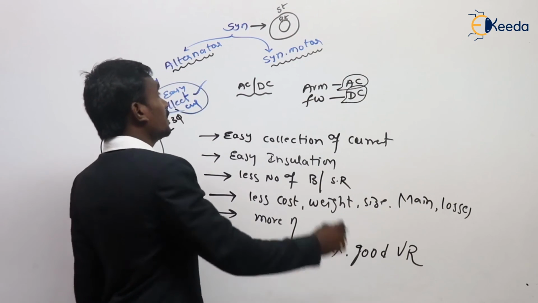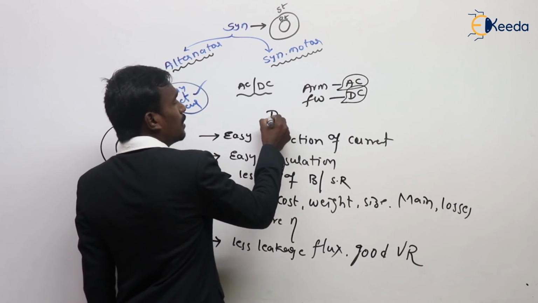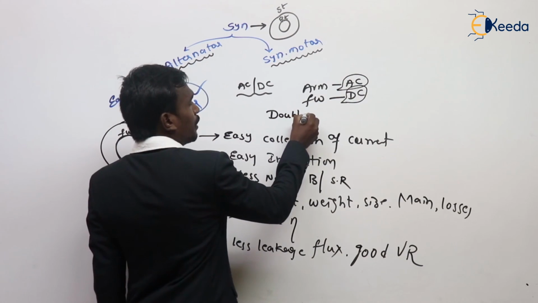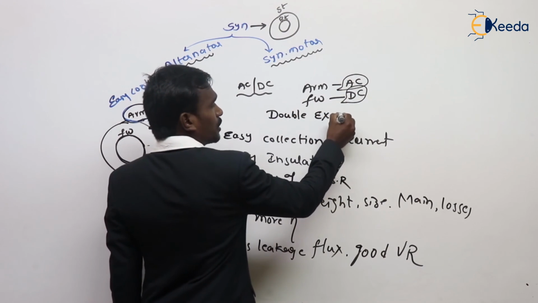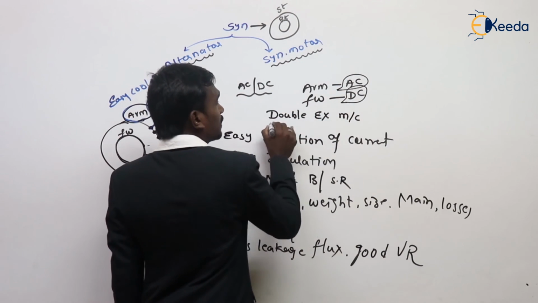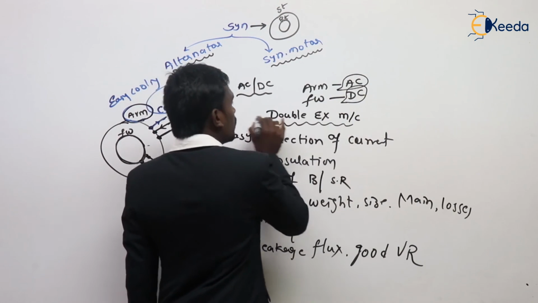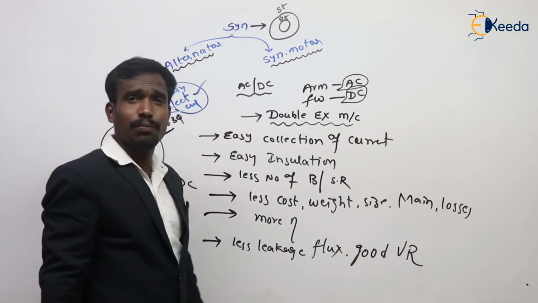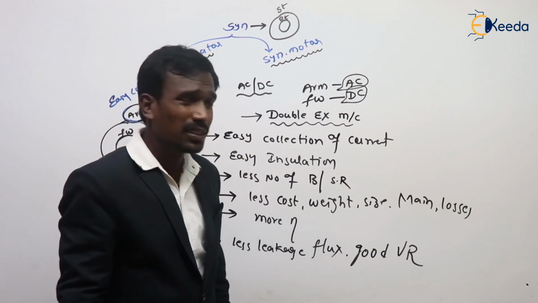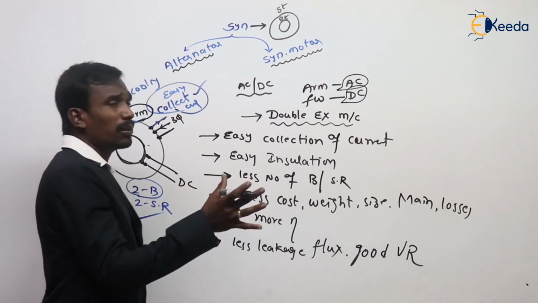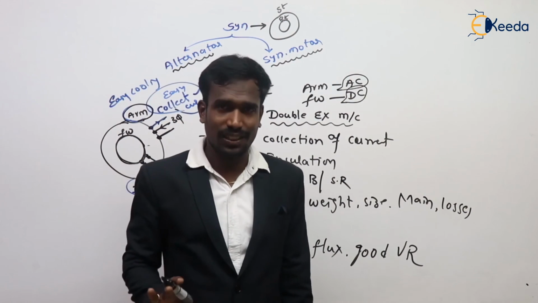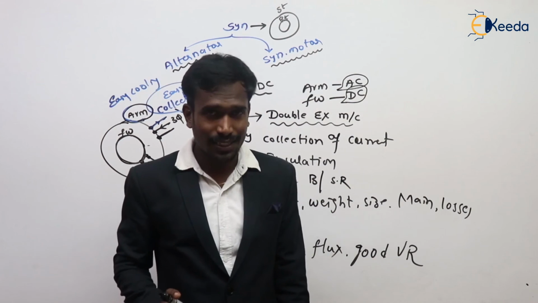That's why this synchronous machine is called a double excited machine. This is an overview about the synchronous machine. Thank you.